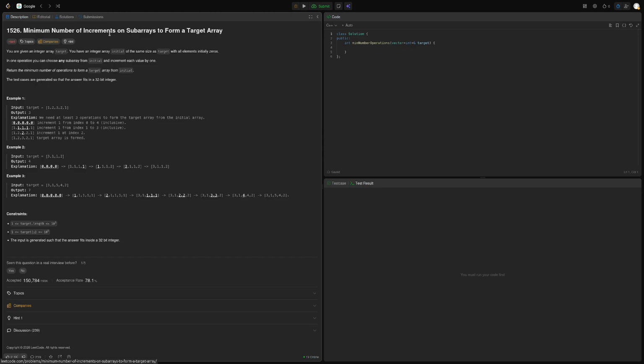Okay, so the idea is this. We start with the largest one, right? We go backwards through the target. So we start with 4. Let's say in here we would start with 5, right? They don't have to be different. So let's say we would start with 3, right? And then there would be something like 2 1 2 1, right?